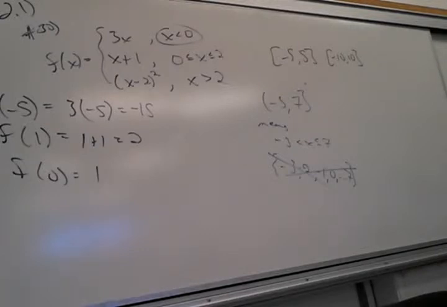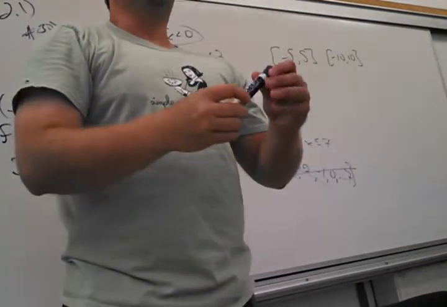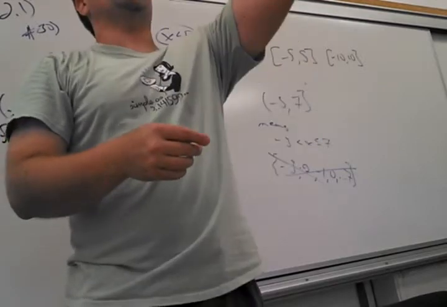Yes, sir? Would that have brackets or parentheses? At 0 and at 1, actually 0 is a little freaky because that's what we call a cusp, or I call it a kink. But at 1, is it increasing or decreasing? No. Right? It's like if I throw something up in the air, at the very top of it, is it going up or down? No, it's just there, it's turning.